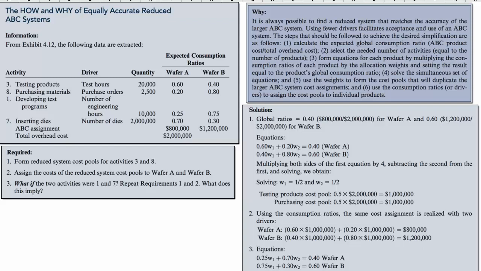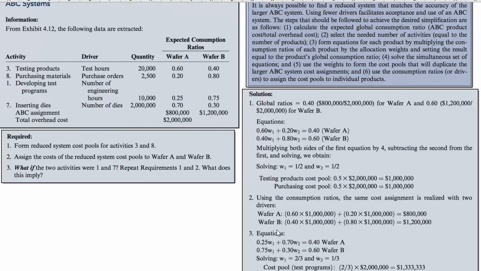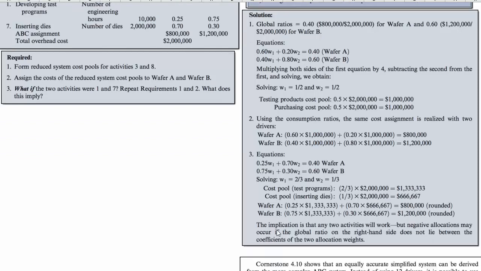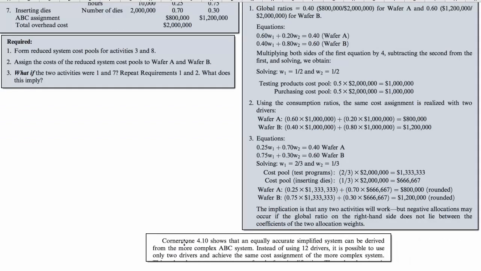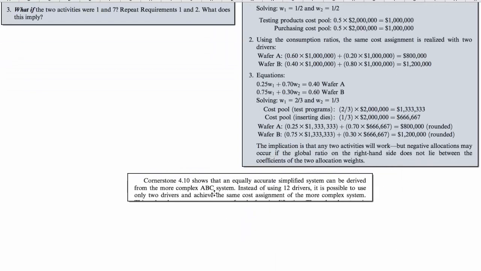So that shows you how we can reduce the calculations and still get accuracy. Now, they ask you to repeat it for step 3, which I'm not going to do because it's just a repeat. But what's the implication of all of this? Let me slide this over so we can see it. This attempts to show that an equally accurate simplified system can be derived from more complex ABC systems.